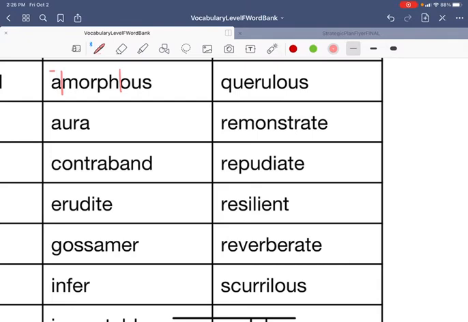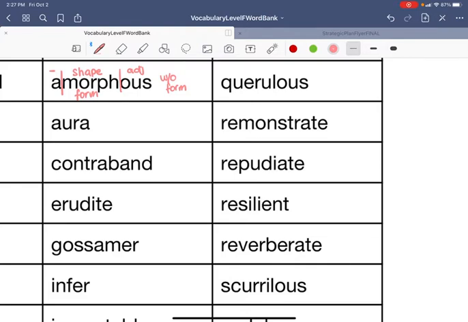So morph means shape, and OUS means adjective. I guess it also means form. So it means without form or shape. And this is Latin again.